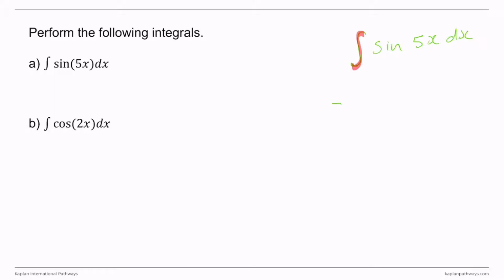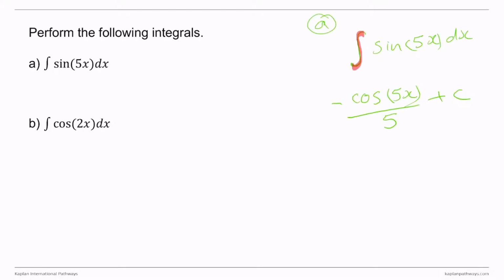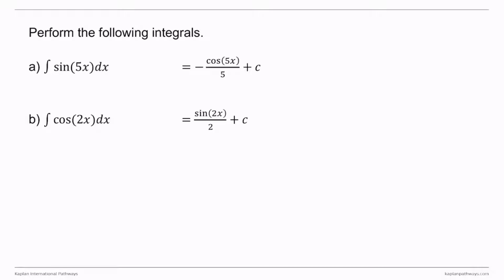So this is going to be minus cosine 5x divided by the derivative of 5x, which is 5, plus c. So this is the first one, this is for A. You will have the answers at the back as well. So minus cosine 5x over 5 plus c.